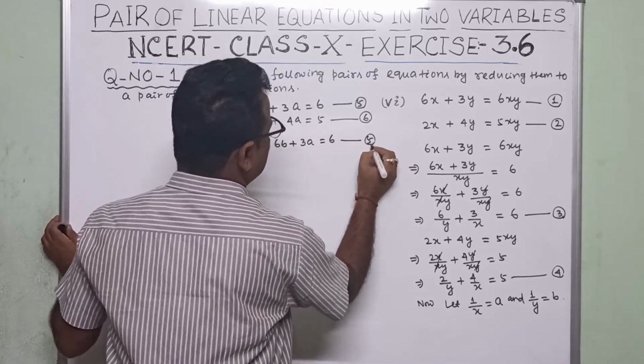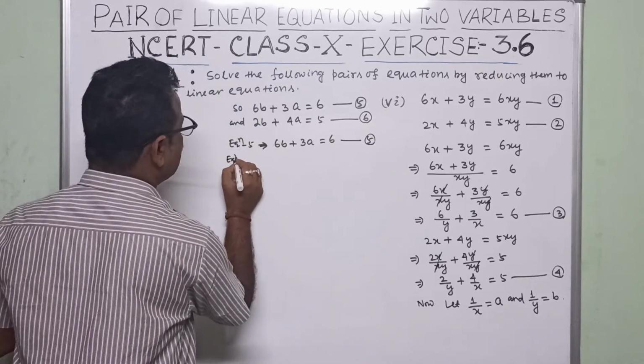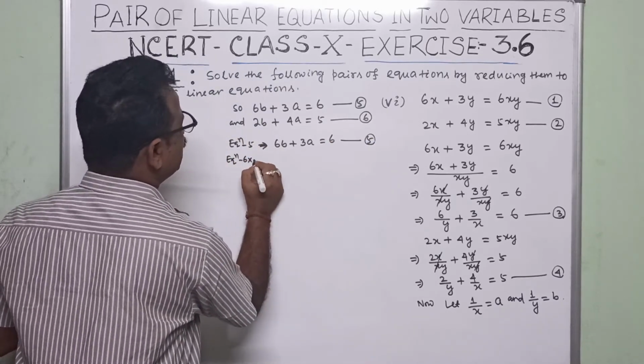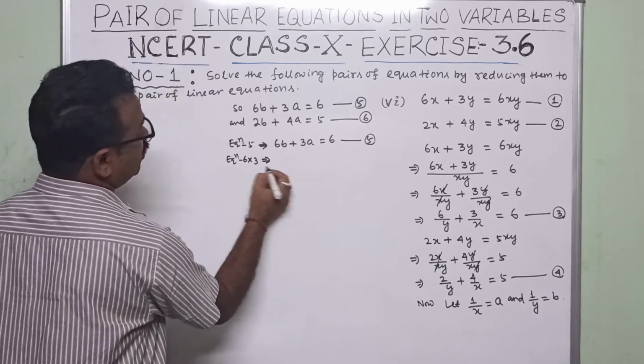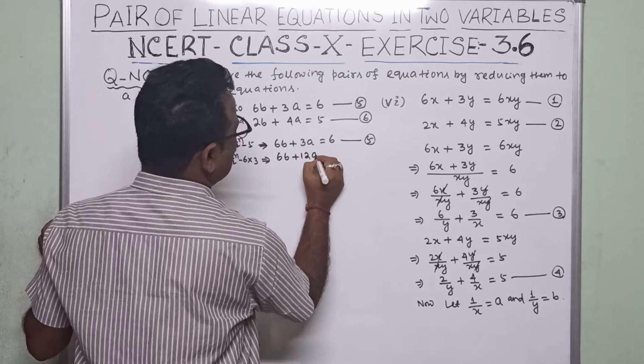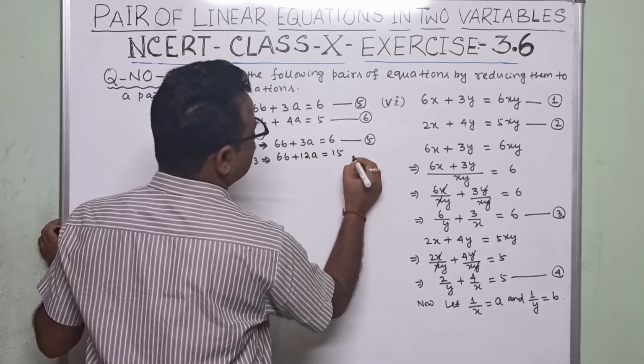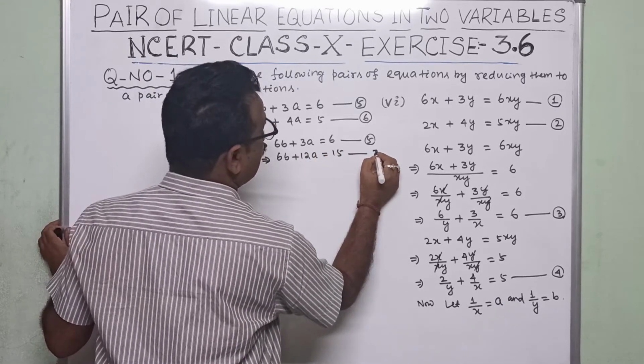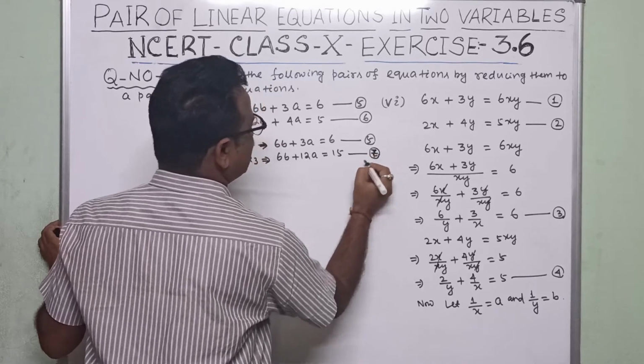Now equation 6 into 3. So 6b plus 12a is equal to 15. This is equation 7.